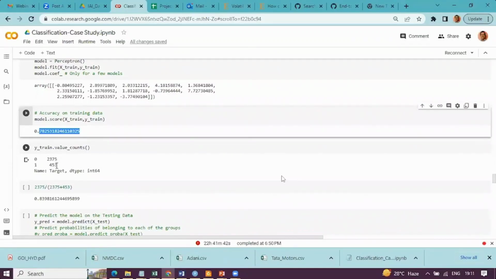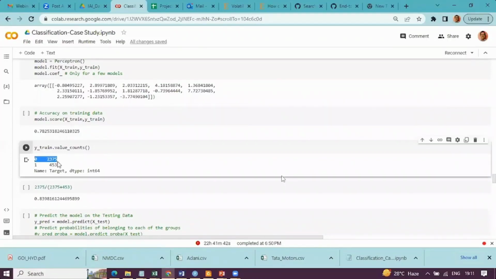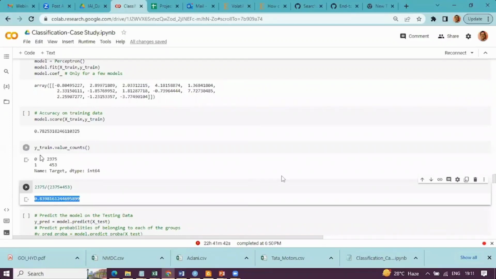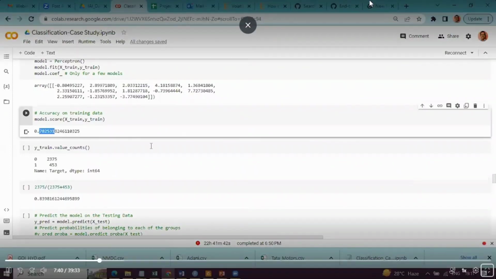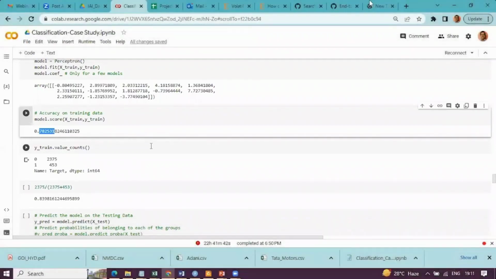We discussed yesterday: look at the distribution of zeros and ones in your actual data, and see what is the proportion of the most frequently occurring class. The most frequently occurring class is zero, and we could see that it has occurred almost 84% of the time. So the minimum accuracy that I would expect is around 84%.